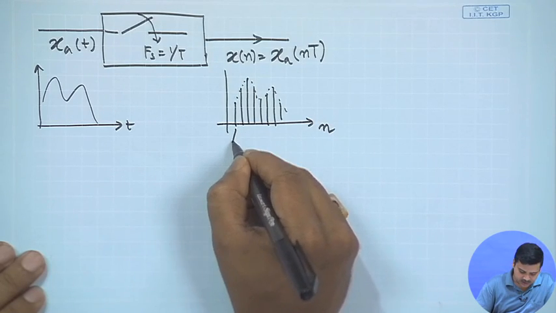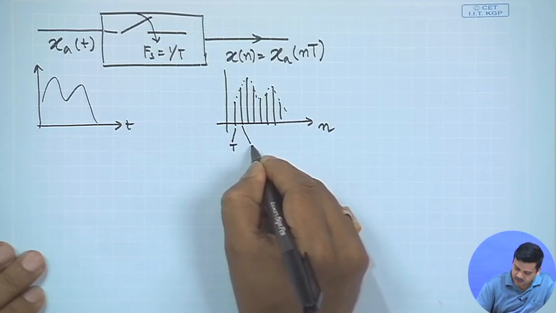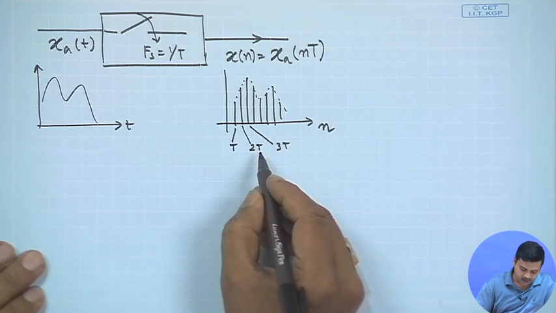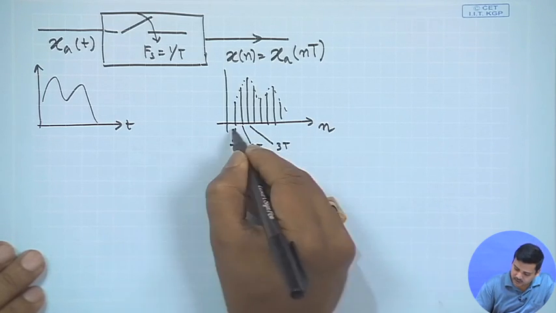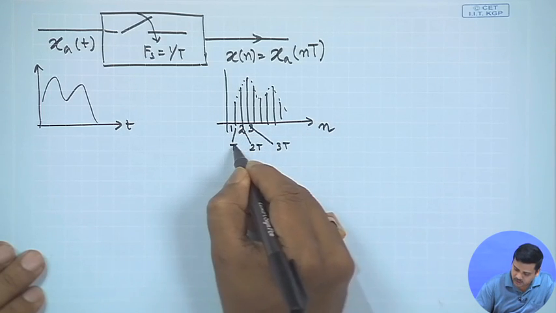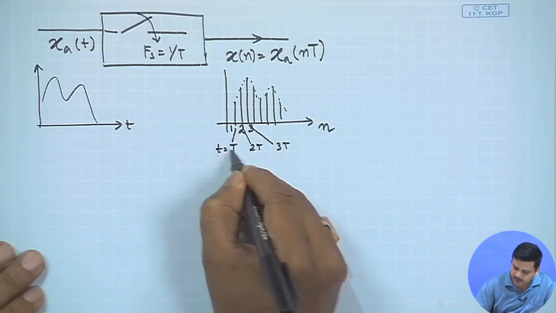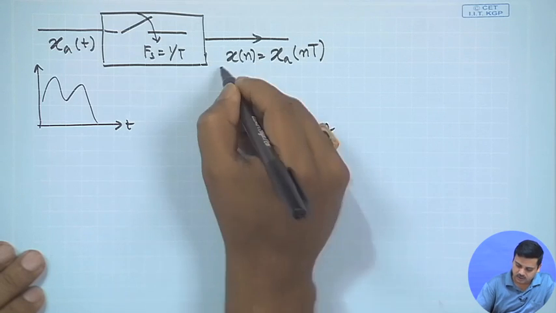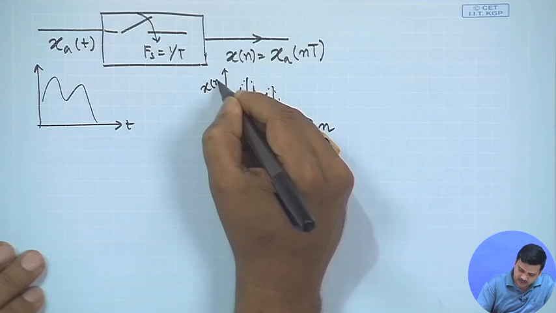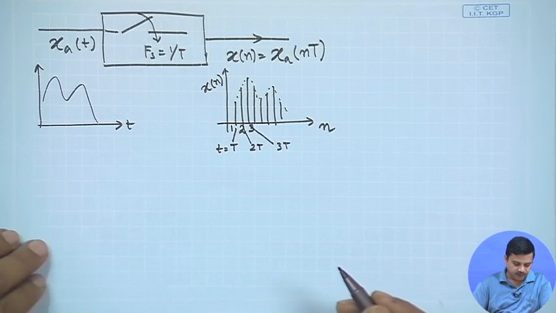So, this is t, this is 2 t, this is 3 t, and so on and so forth, or this interval is 1, 2, 3 and so on. So, this happens at a time when this is equal to t, 2 t and so on and so forth, and this is usually denoted as x of n.